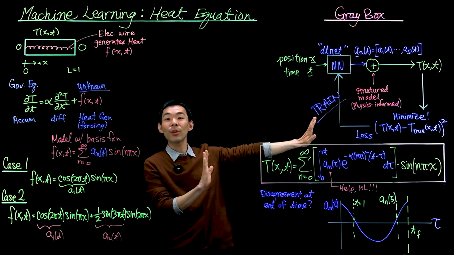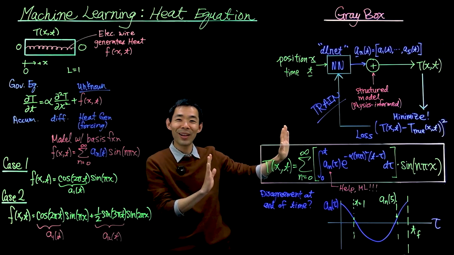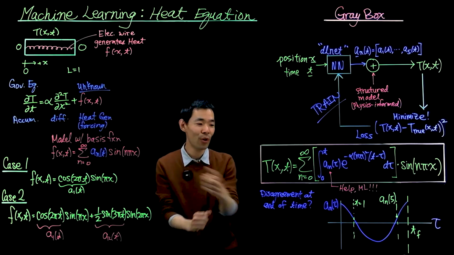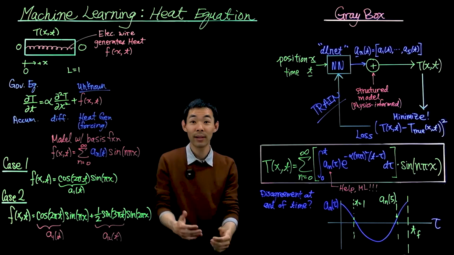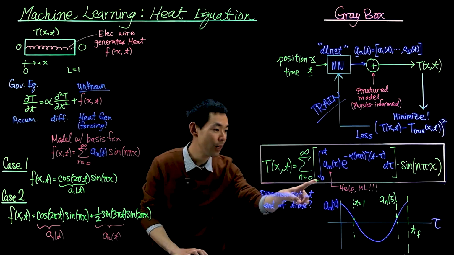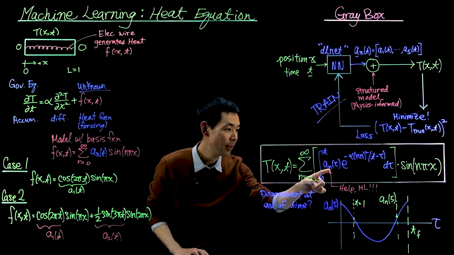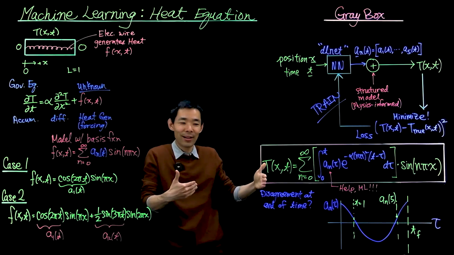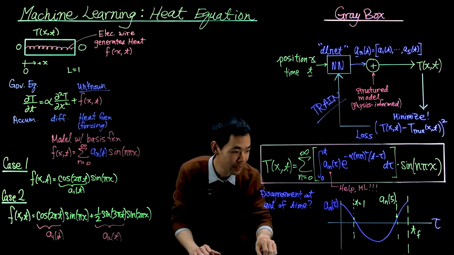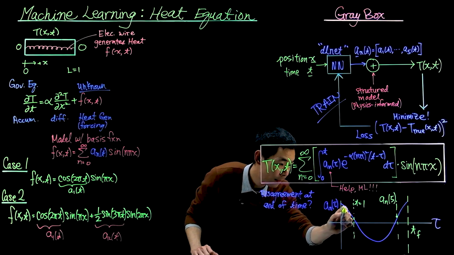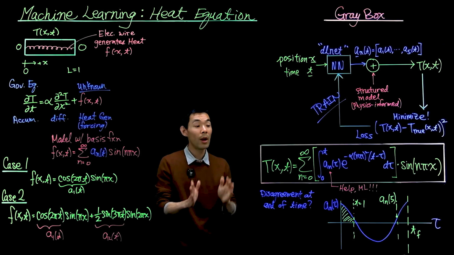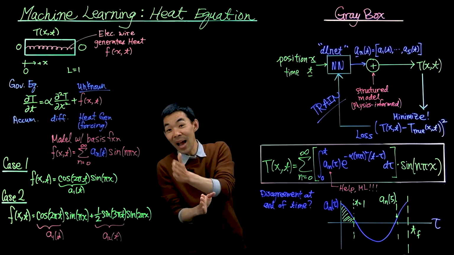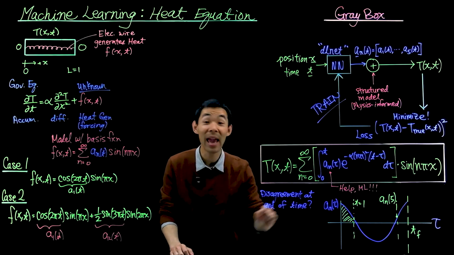But notice that A at 5 does not impact the temperature profile at time t equal to 1. It can't, because we're integrating from 0 to 1. It never hits tau of 5. You never integrate over that domain. Here, we're only integrating over this space right here. So my temperature at time t equal to 1 depends on the past values of A.